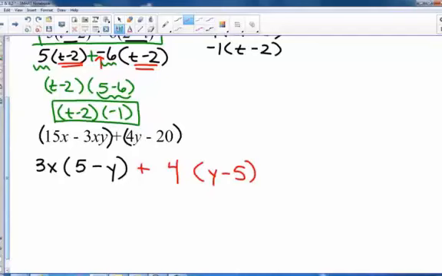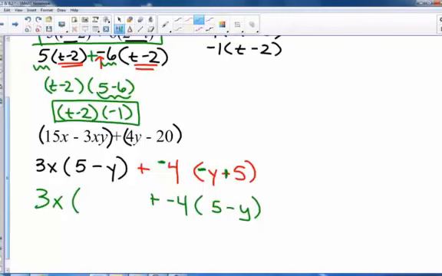If I take out a negative 4, I would have negative y plus 5. So I could rewrite this as negative 4 times 5 minus y. Or I could have rewritten this first one right here as negative y plus 5. It doesn't matter, either way.